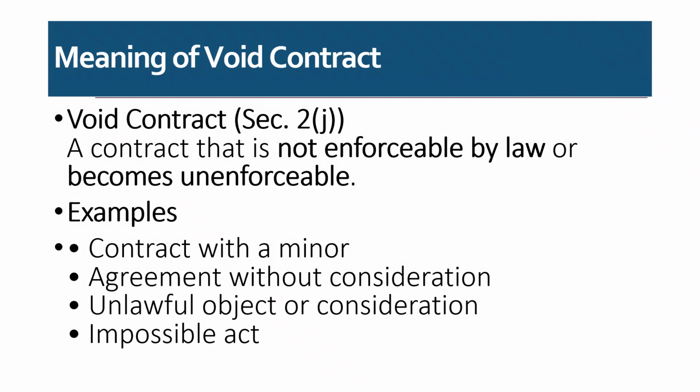A void contract is a contract which is not enforceable by law, or a contract that becomes unenforceable after the formation. According to Section 2(j), a void contract is a contract which is not enforceable by law or a contract that becomes unenforceable after the formation.